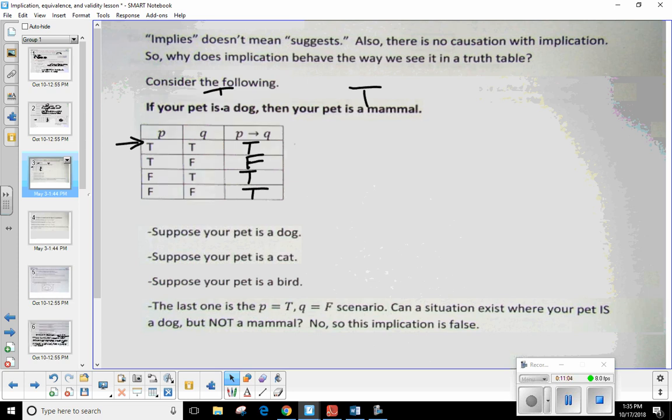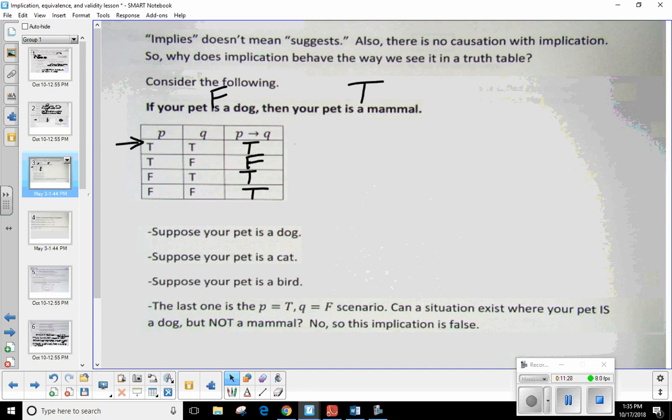But now, suppose your pet is a cat. Is a cat a dog? No, so the first part is false. But is the pet still a mammal? Yes. So this represents the false, true scenario. It's still going to be true even if it's not a dog. Does that make sense?